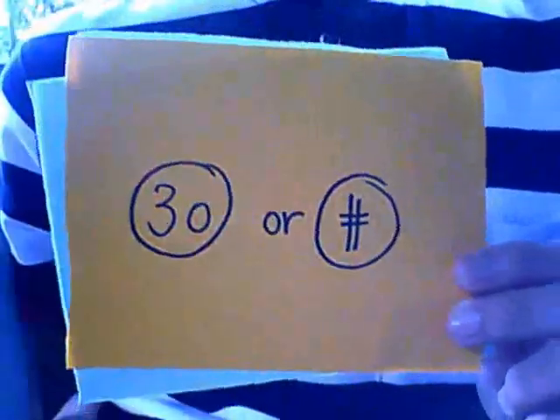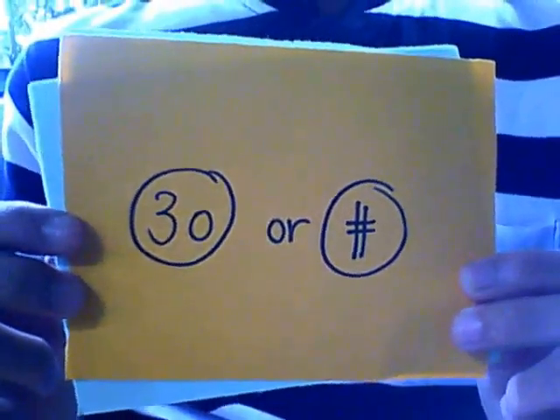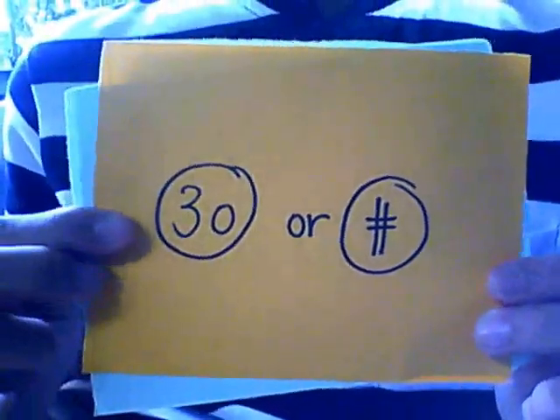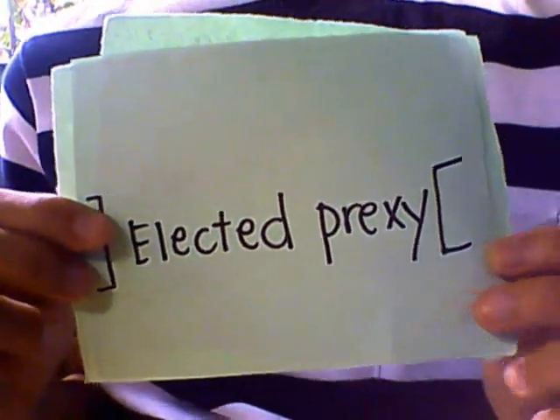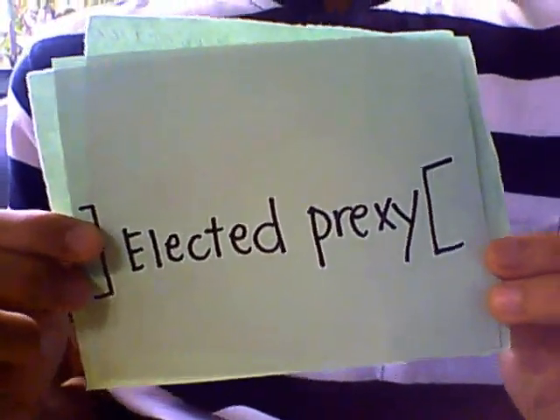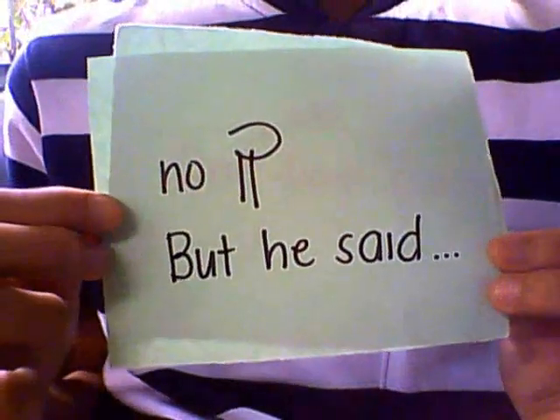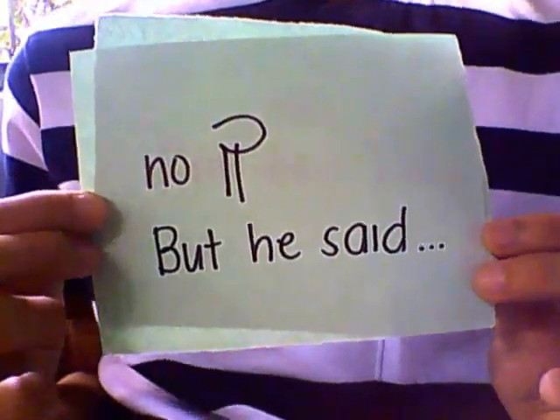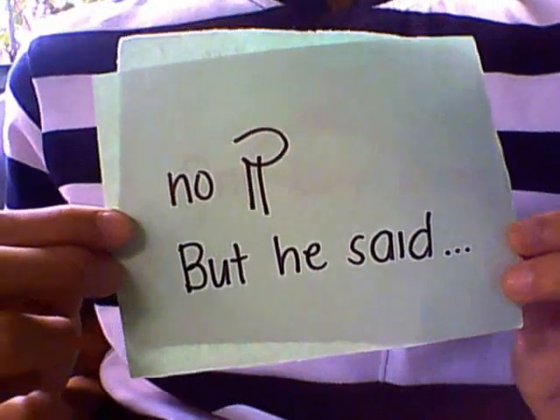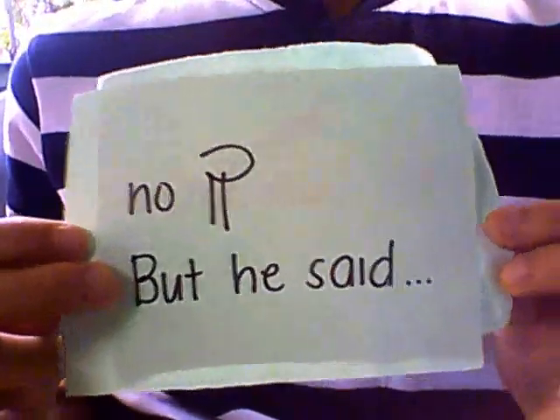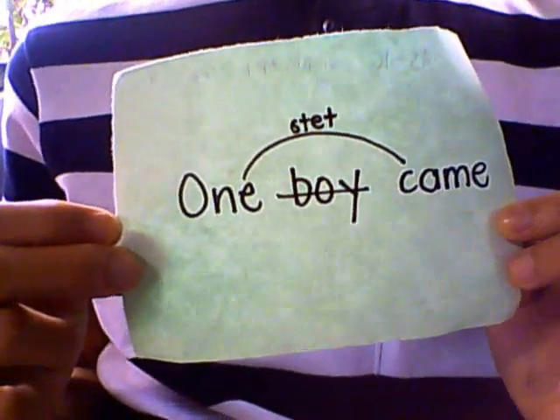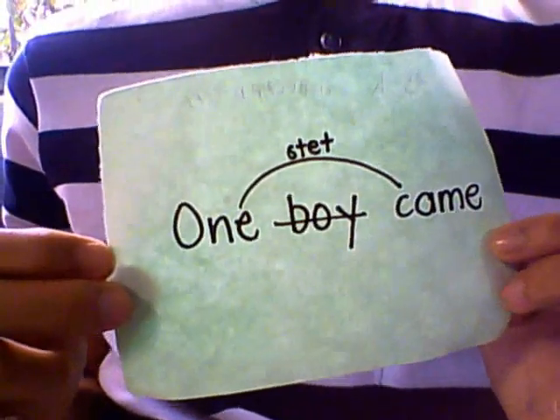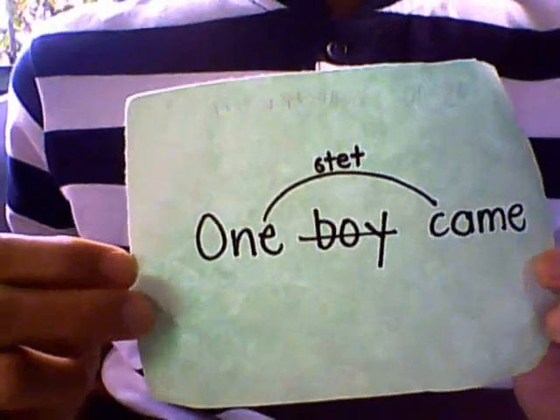Story unfinished. 30 or number sign. End of story. Elected prexy. Center subhead. Elected prexy. No paragraph. That he said. One boy came. Stay as is. Disregard correction. One boy came.